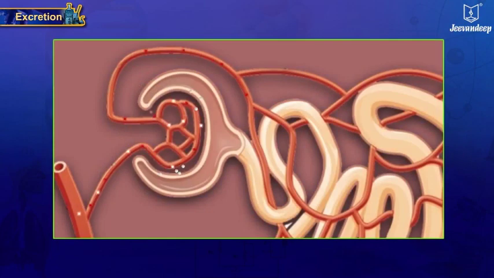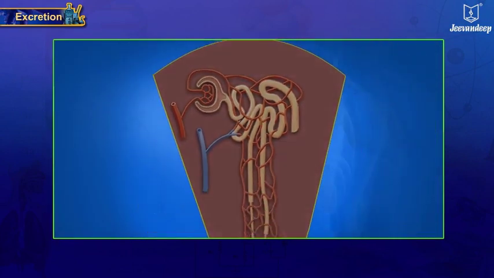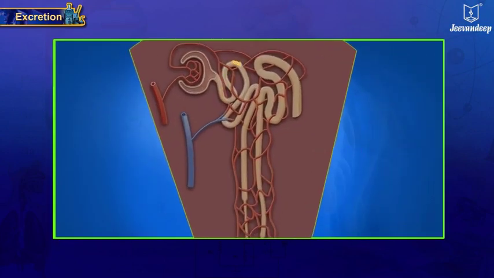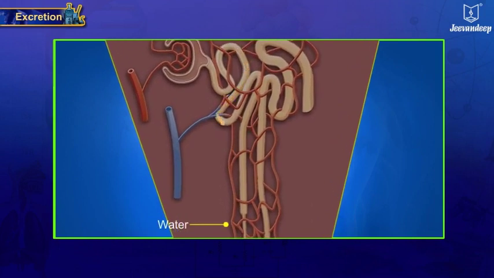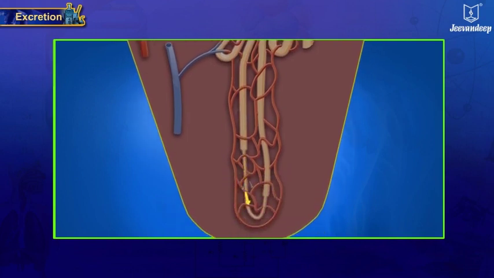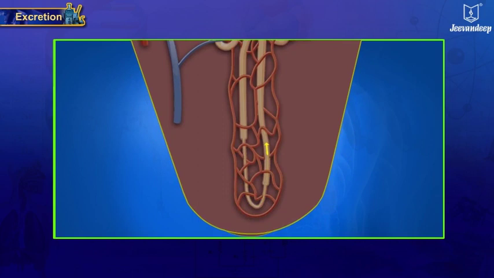From Bowman's capsule, the glomerular filtrate passes further through the nephron tubule, where reabsorption of water and other useful substances take place. The resultant concentrated filtrate containing the waste matter forms the urine.